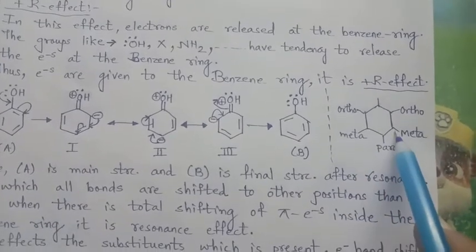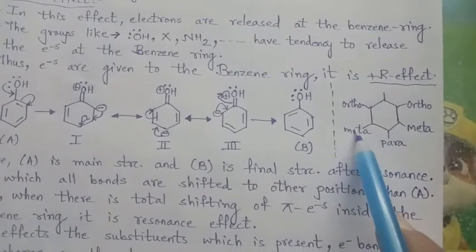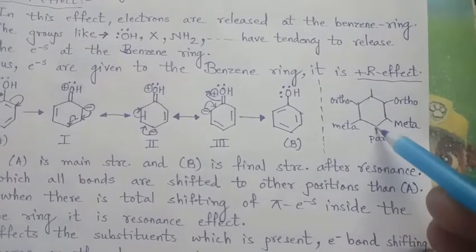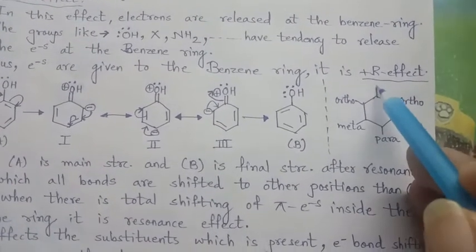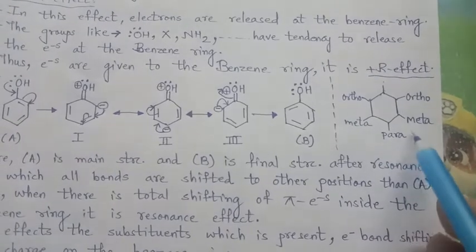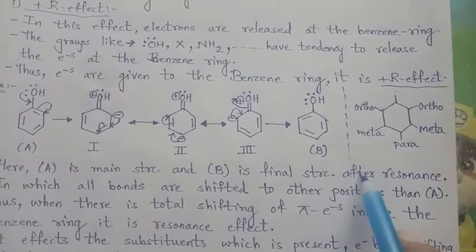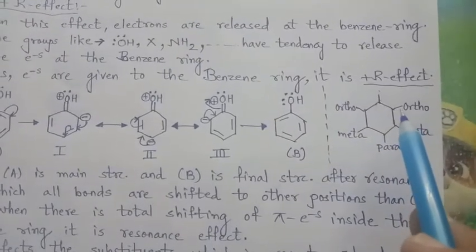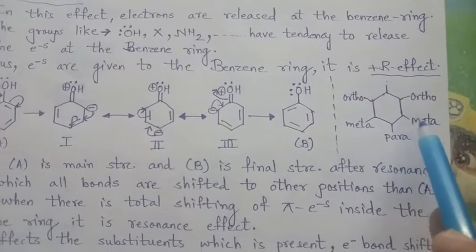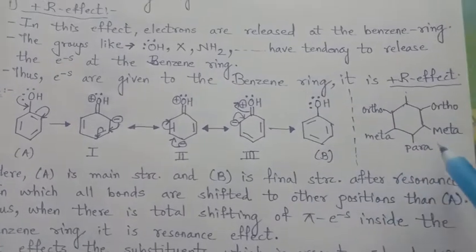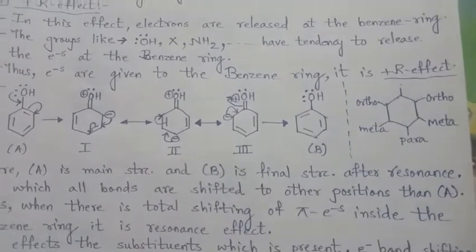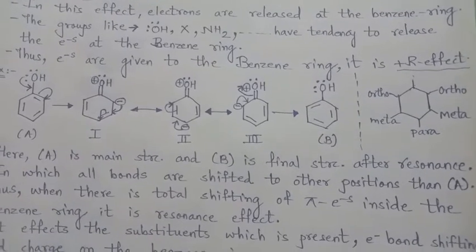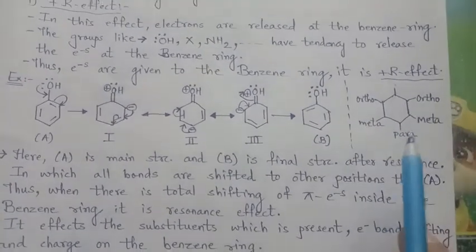So here also meta position, and this is also meta position. And if it is opposite to the carbon attached to the substituent, then it is the para position. So when we discuss this, we will need to recall these ortho, meta and para positions, which we have already discussed when we started with the nomenclature of compounds.